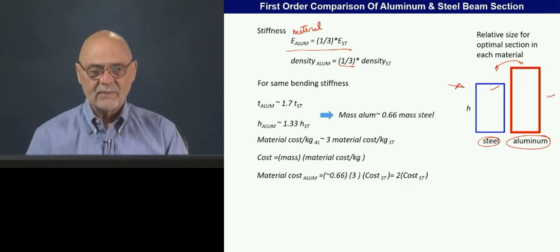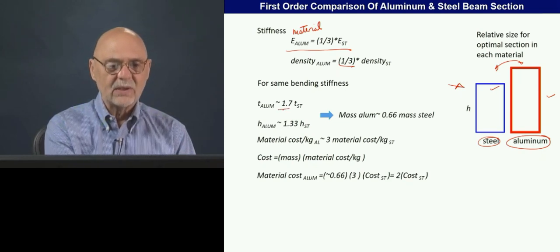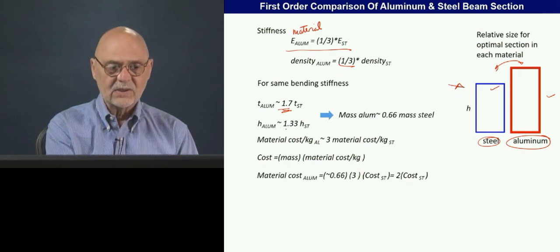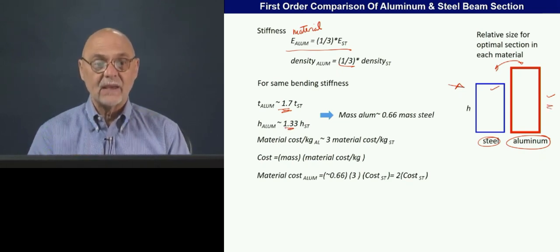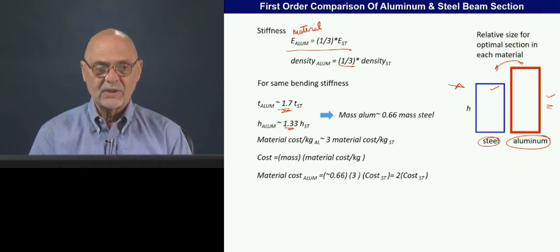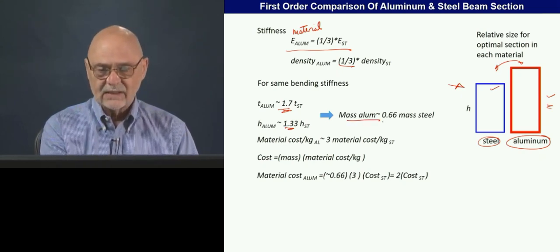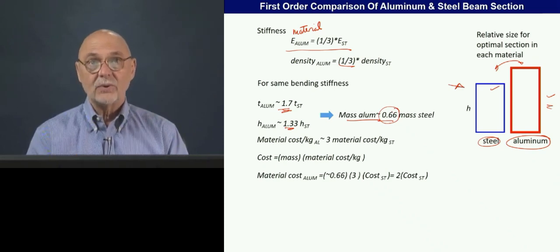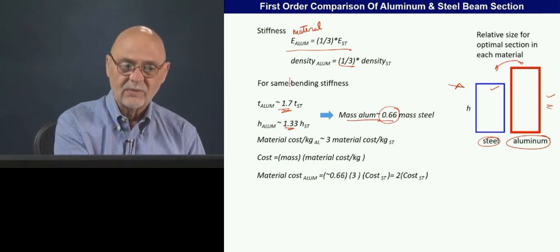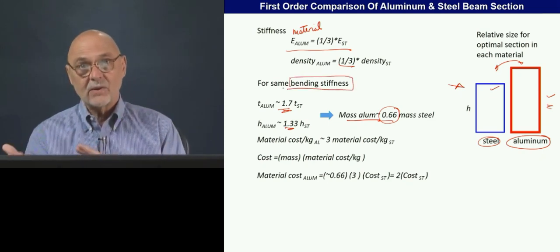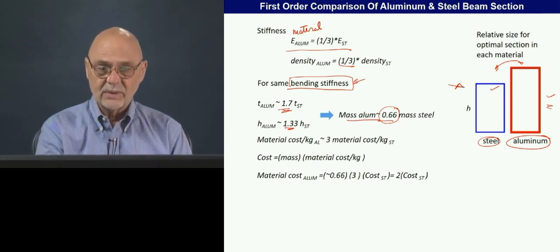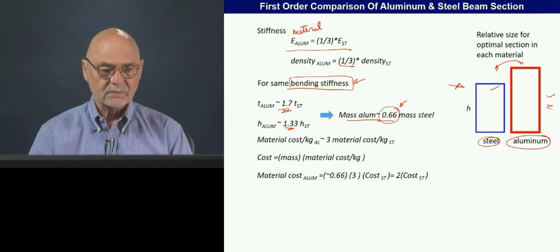If we did that in aluminum, we would find that it's a little bit thicker than what we would see in steel, 1.7, and the height of the section needs to be a little bit higher to take full advantage of the properties. Where that leads us is that the mass in aluminum is about 2/3 that of steel for the same bending stiffness. We'll see later on that the function that we're looking at really determines this ratio.